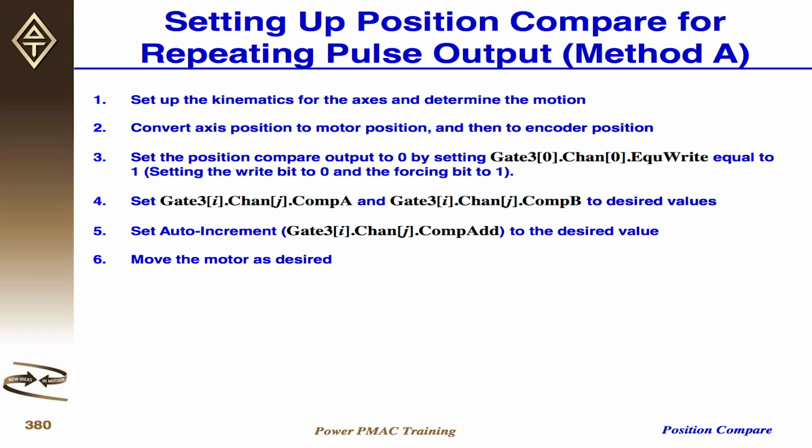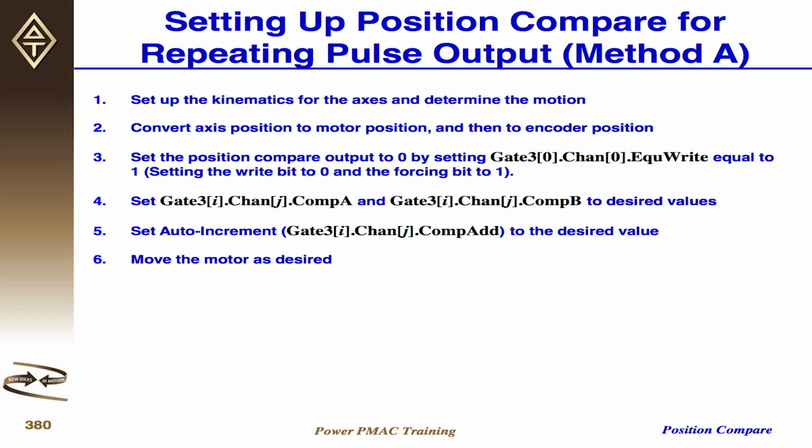So the process for this is basically the exact same as the process was before. We set up our kinematics for axes and determine the motion, in this case moving out 10 inches and back. We convert our axis position to motor position and our motor position to encoder position, so we know what the raw encoder value is at which we want the EQU to toggle. We set our default position compare output to 0 by writing EQU right to a value of $1.